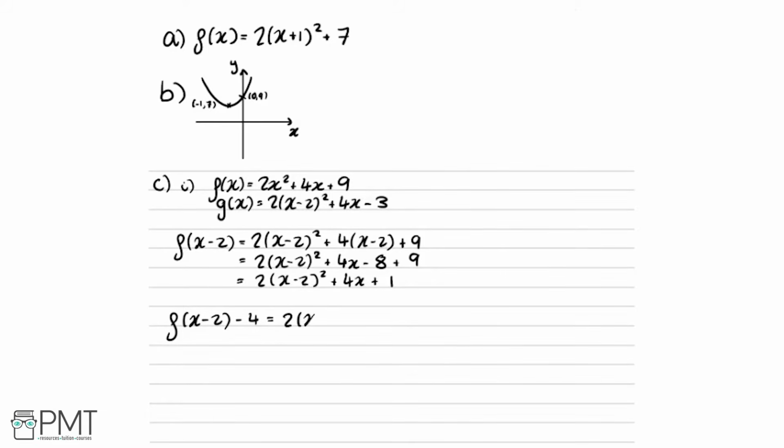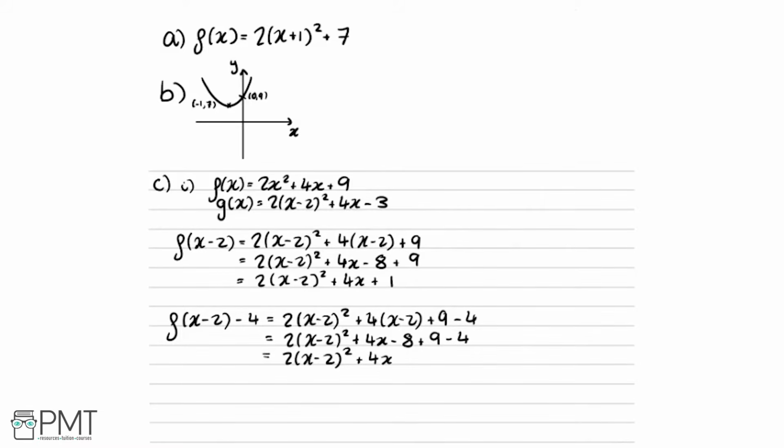So we get 2 x minus 2 squared plus 4x minus 2 plus 9 minus 4. So we've got 2 x minus 2 squared plus 4x minus 8 plus 9 minus 4. And that equals 2 multiplied by x minus 2 squared plus 4x.